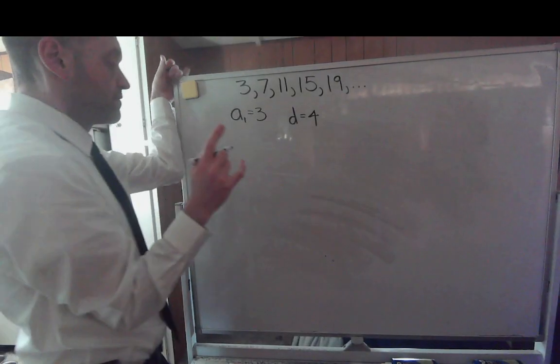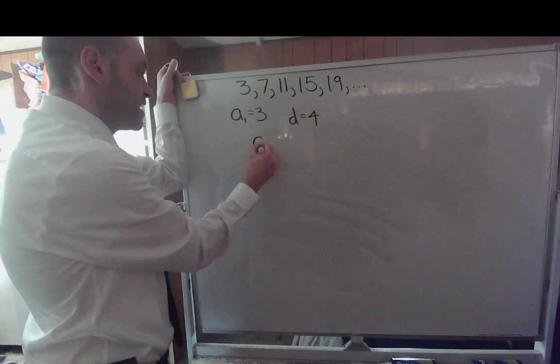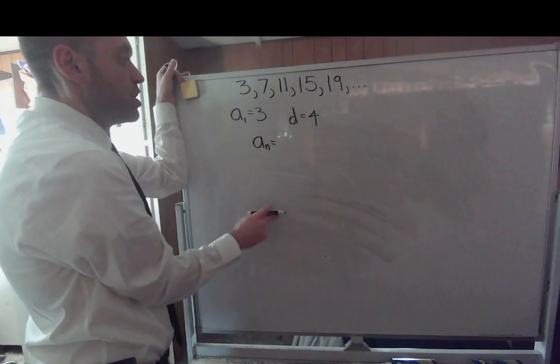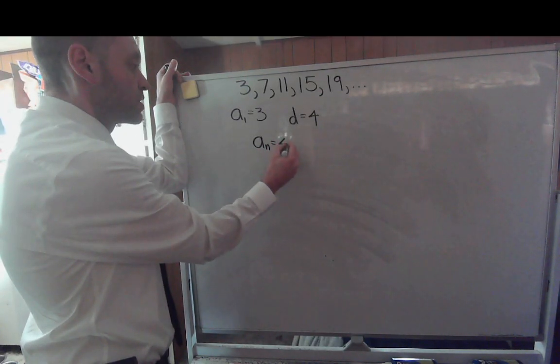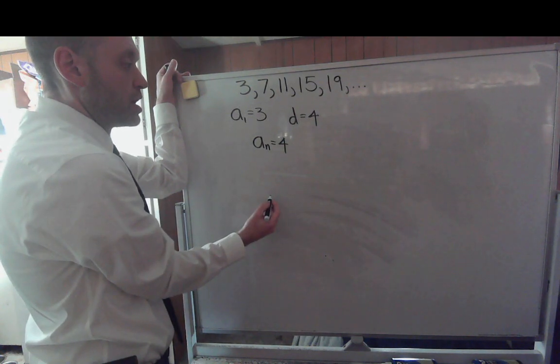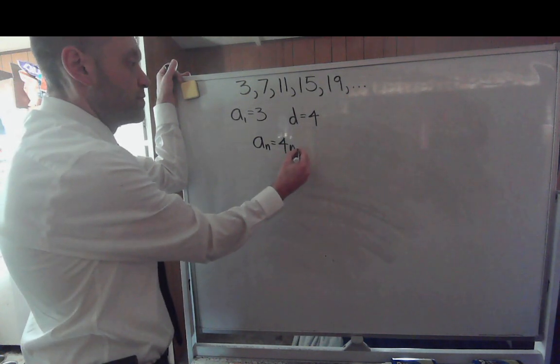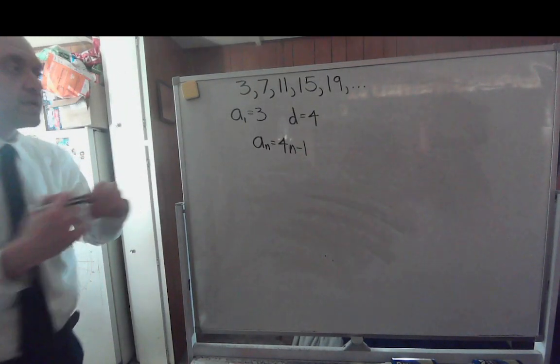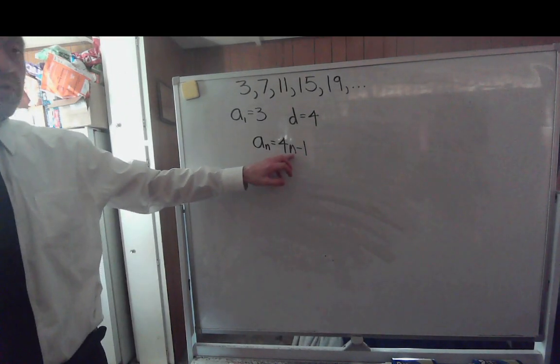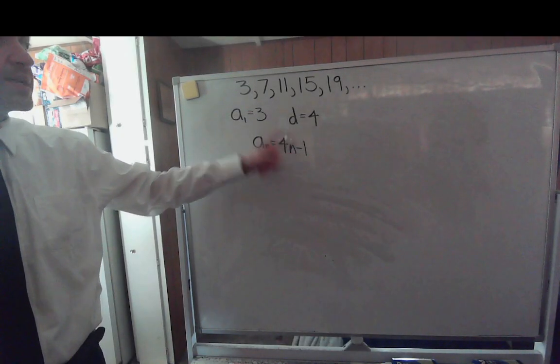So if I want to find the general formula, what if I took 4 times a number and I subtract 1? So 4n minus 1, right? If I put in 1 for my first term, 4 minus 1 is 3.